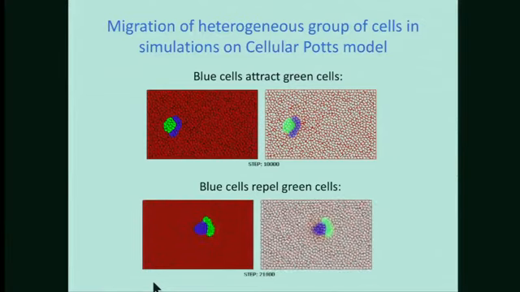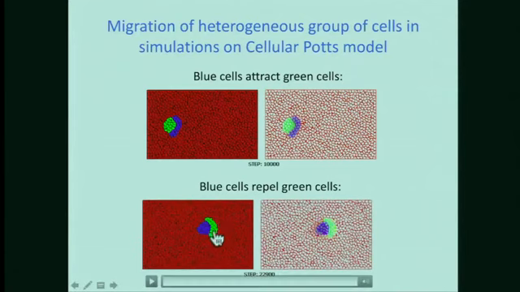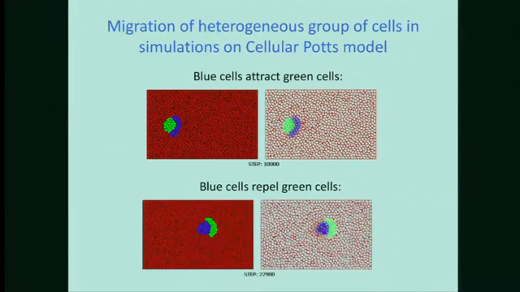As I said, every chemotactic mechanism comes with its counterpart, and in the 1D case they are identical. In the 2D case they are different, because the shape of the moving group of cells eventually is different for these two scenarios.